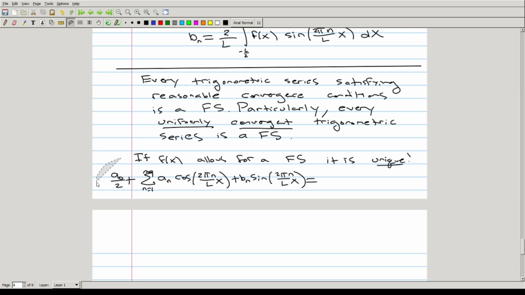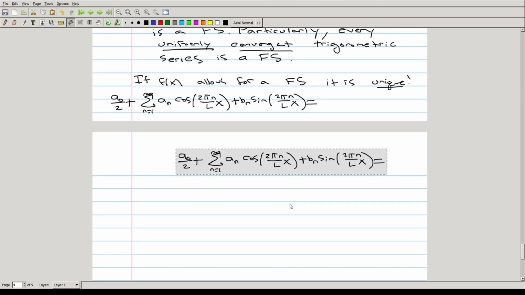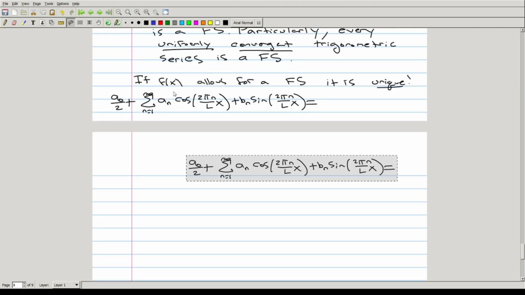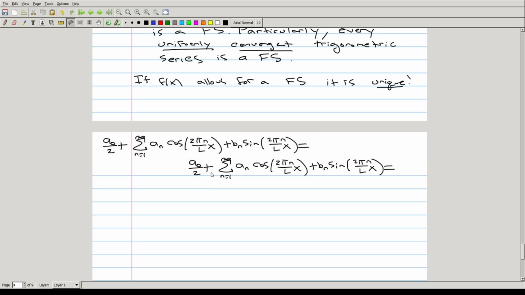because of the linear independence of the functions cosine, sine, and the constant function 1. If two Fourier series are in fact equal to one another, you can use the linear independence of the basis functions.